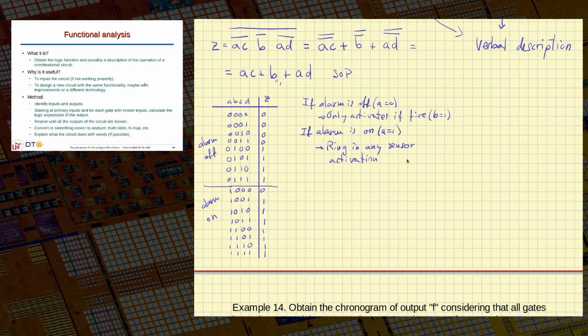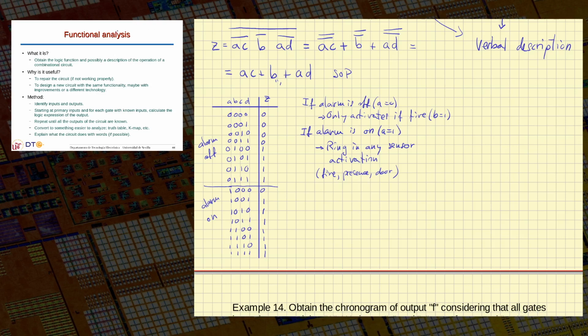Okay, which means fire or presence or door. So as it is supposed to happen when I leave the house. Okay, so this will be my verbal description of my system.